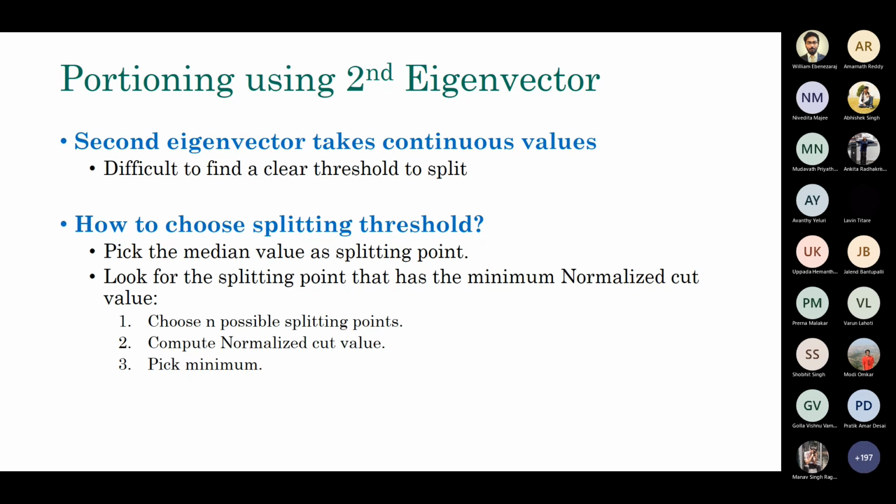You can very easily compute the normalized cut value and simply choose the threshold which gives the minimum. That's a possible way to split the eigenvector into two groups, and accordingly you can say this particular node will belong to this group, and that node to that group.